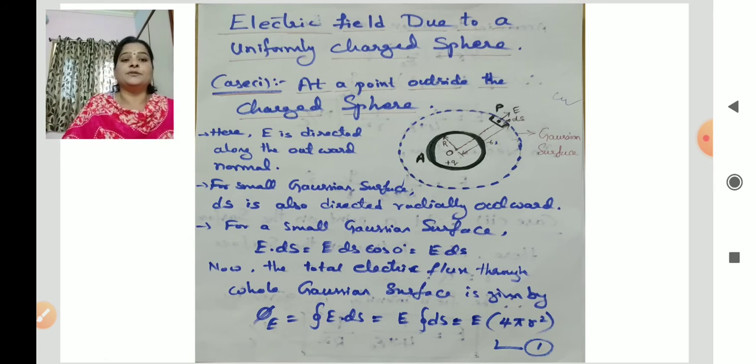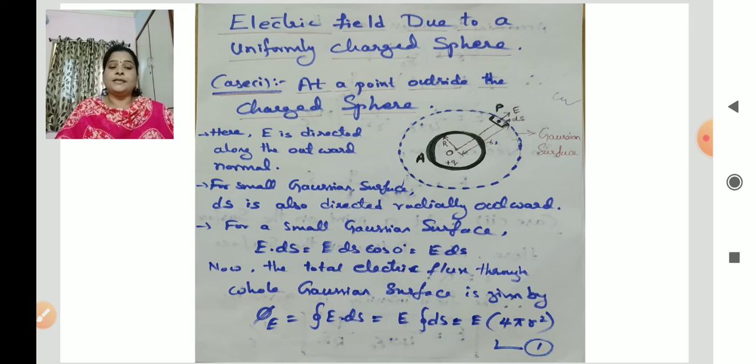Now you have to find out the electric field due to this uniformly charged sphere. For that we are assuming a sphere of radius capital R. Sphere A is assumed, and its center is O, and here we deal with three cases wherein we have to find out the electric field at a point outside the charged sphere, on the charged sphere, and inside the charged sphere.